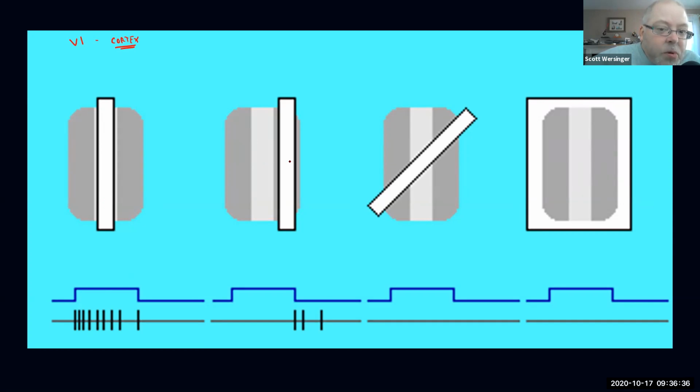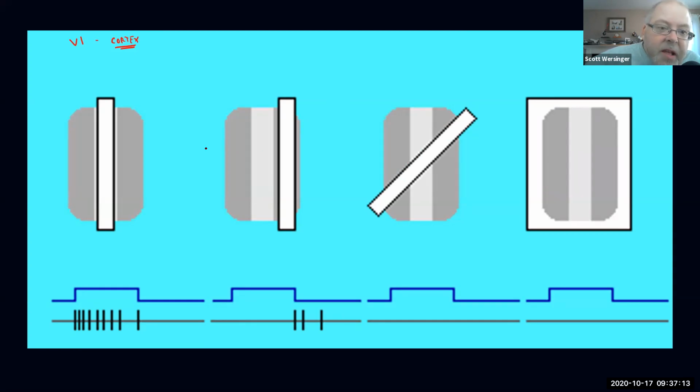If that bar of light moves to the side, instead of excitation, we're going to get inhibition. If that bar of light is in a different orientation, so here we're at an angle, we're going to have some in the inhibitory areas, some in the excitatory area. The net effect of this, though, will be that this simple cell in the cortex won't respond to this. Likewise, if we illuminate the whole field, it doesn't respond.